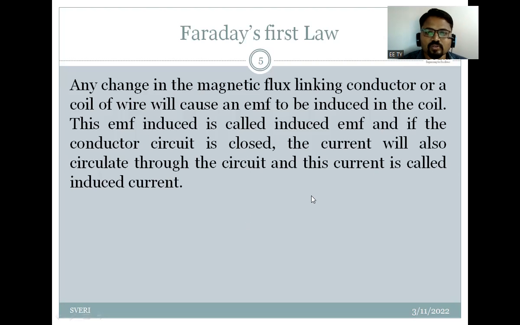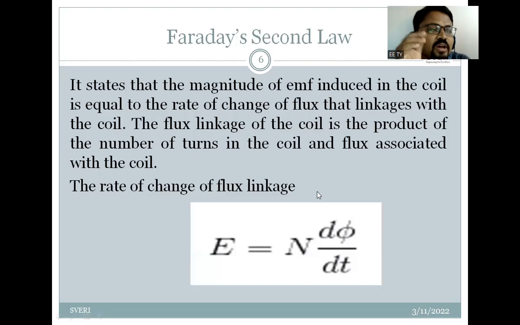See here, we will see Faraday's second law. Now on which basis has he given Faraday's second law, or why, how has he proposed it? See, as you are seeing, there is a change in the magnetic flux associated with the coil, or a change in magnetic flux linkage, and due to that EMF gets induced.